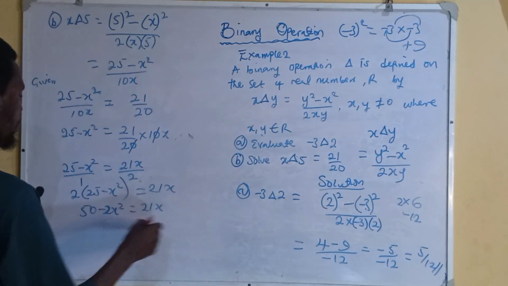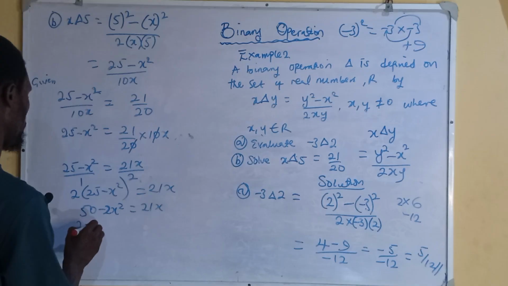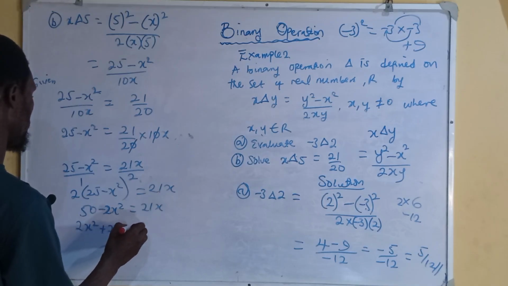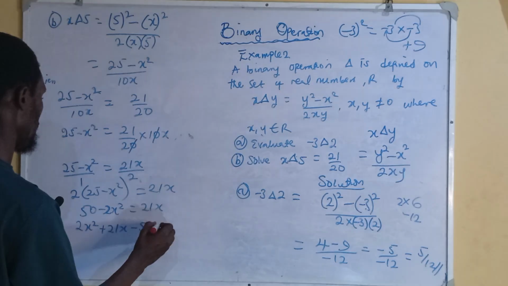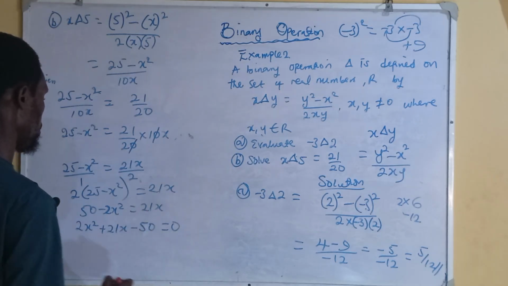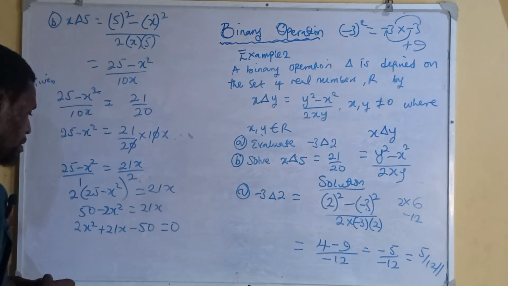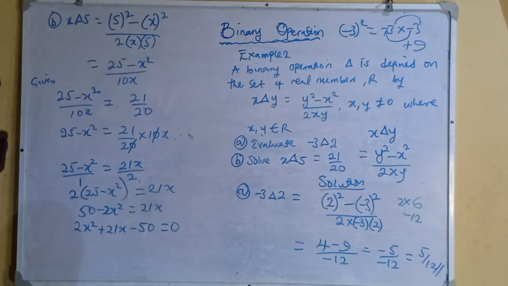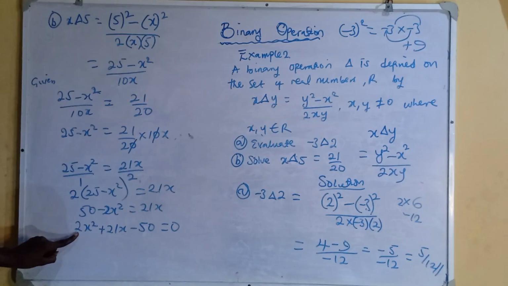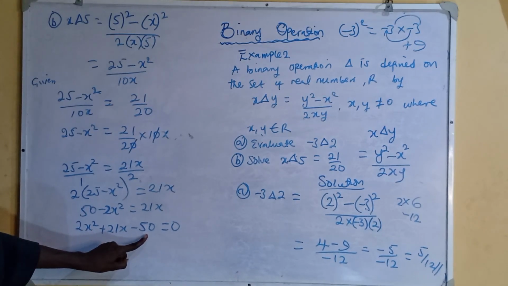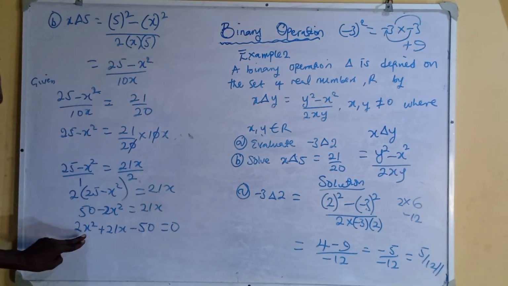So you take everything to one side. You have 2x squared plus 21x minus 50 equals 0. First of all, this has yielded a quadratic equation.